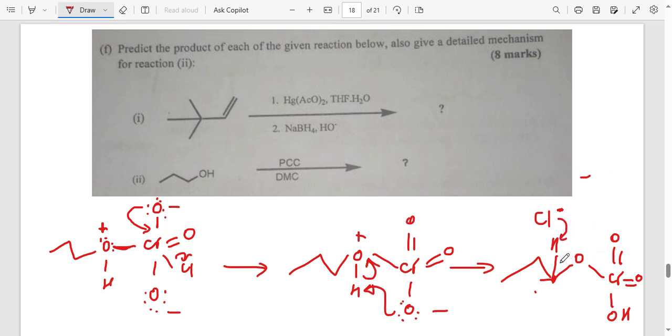When we grab this hydrogen, this will form a double bond here. When that happens, this will break off this group. So this is what we are going to end up with. Have a double bond with the oxygen. So this is how we form our aldehyde at the end. Is this okay?